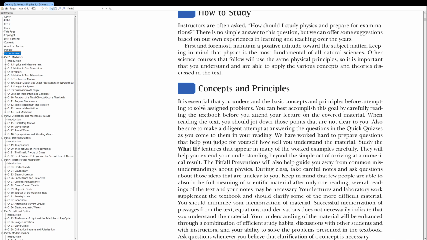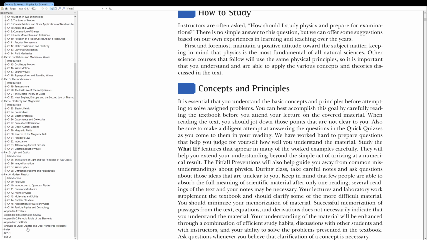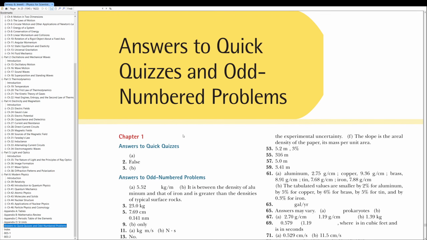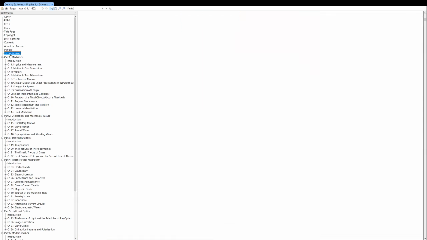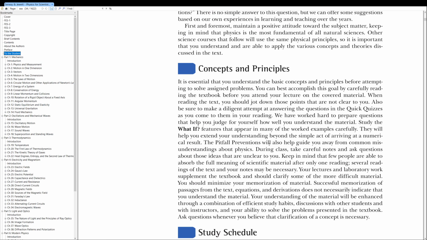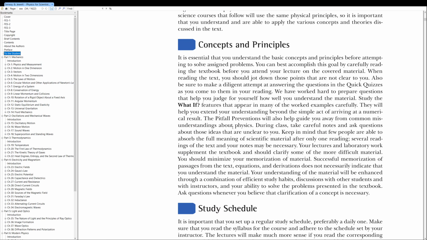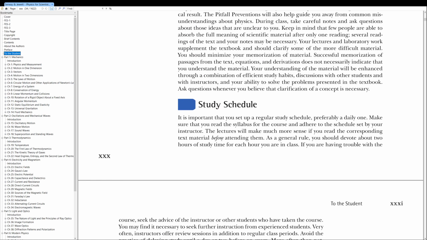There's quick quizzes in this book that might help you gauge how you're doing. I think there's answers to quick quizzes in the back. Let me double check. Yeah, there's answers to quick quizzes and the odd numbered problems. So you can use that as a barometer about whether or not you're successfully understanding the material. Having a regular study schedule, preferably a daily one, just like exercising your physical body, your mental faculties need to be exercised constantly.